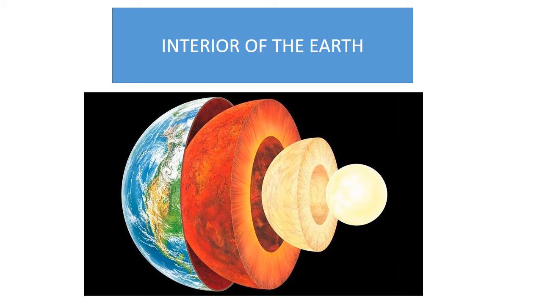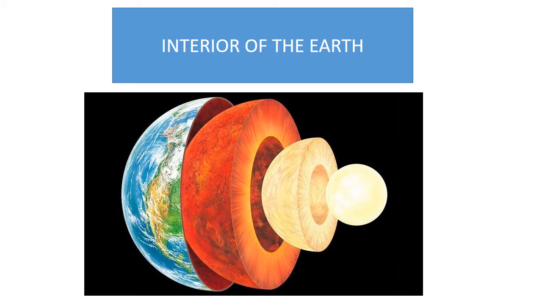The scientists unanimously believe that the earth was formed out of the solar system itself. Children, you know that the earth is a planet and it is a part of the solar system. Initially, earth was a gaseous hot balloon.